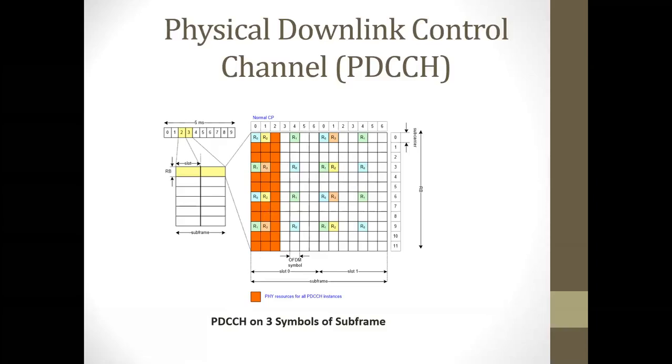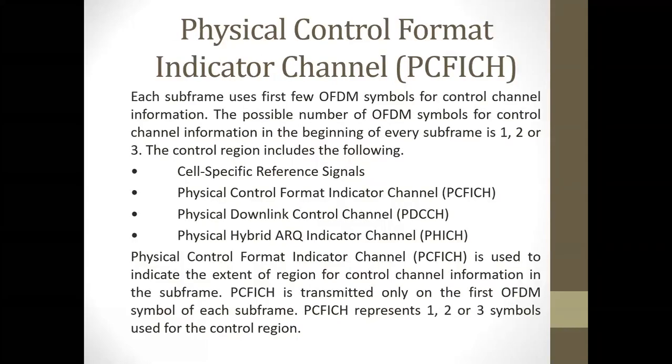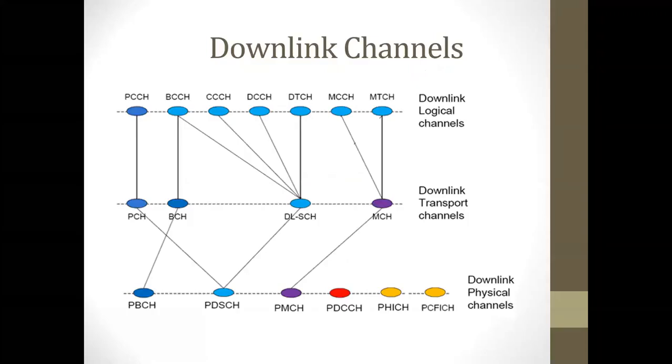Now this control region includes these three channels: PDCCH, PHICH, and PCFICH, which are not linked to upper layers. The control region is occupied by these channels only. Here PDCCH is the most important thing. You need to read it for further activities.